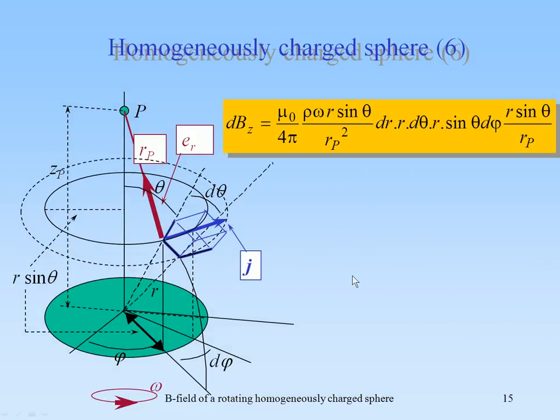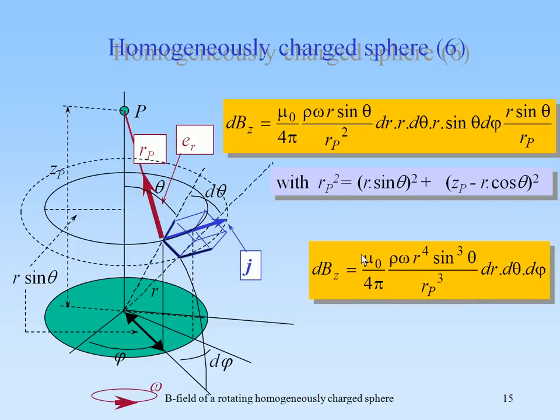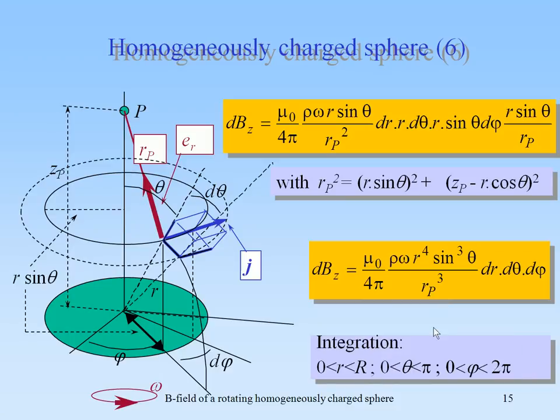This is the expression again. Rp is given in this expression. Integrating here will give you this integration between the limits 0 and R for the radius, 0 and pi for theta, and 0 and 2 pi for phi.